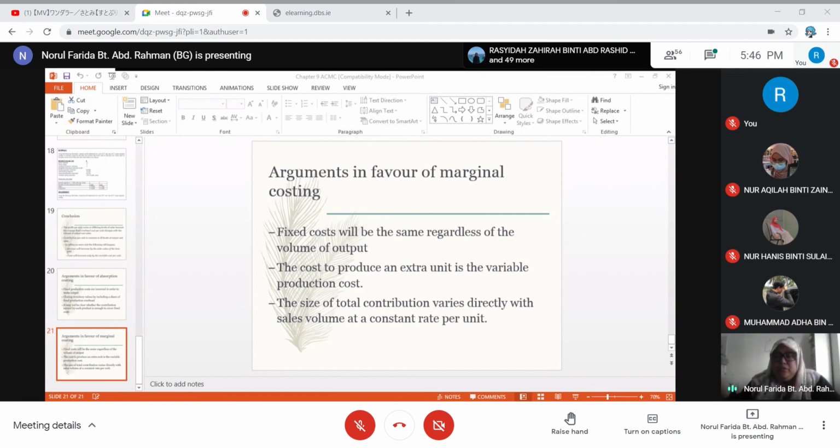So you want to use your marginal costing statement or you want to use your absorption costing statement, it doesn't matter. Itu depends on the company. Alright, because yang beza adalah nanti dekat stock valuation tu sahaja. Right? Okay.